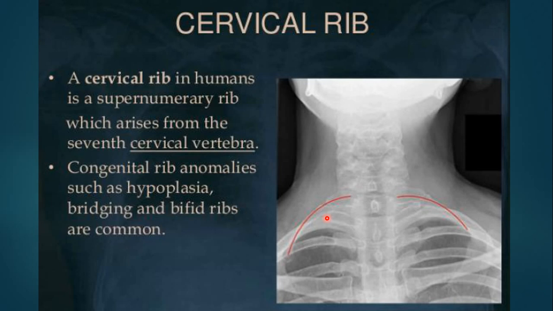Also, congenital rib anomalies such as hypoplasia, bridging, and bifid ribs are common, and we might see them a lot. Most of them are asymptomatic and just diagnosed accidentally.